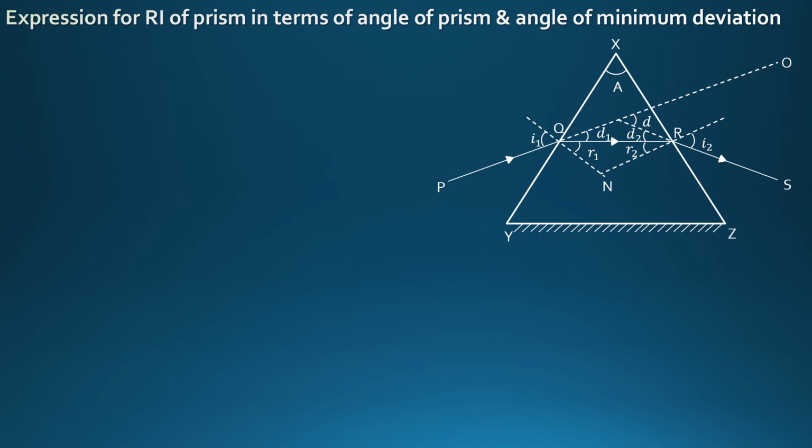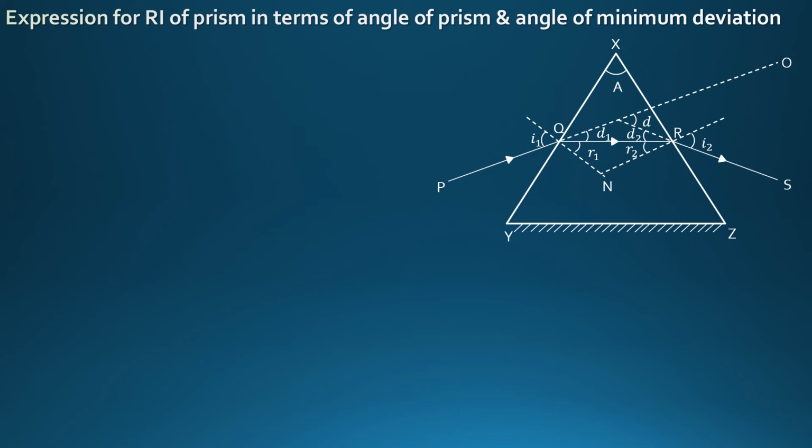So, in the figure, let XYZ be the cross section of a prism of refractive index n and refracting angle A. A ray incident along PQ on a face XY, after refraction, emerges along RS.